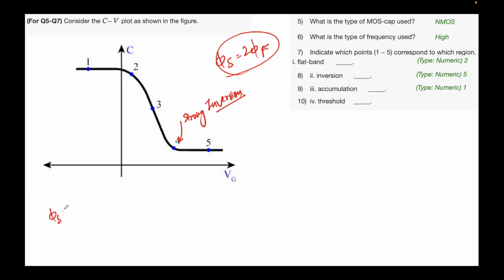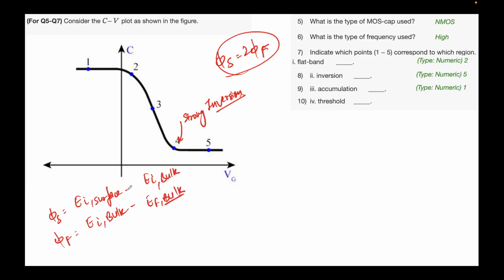So phi s, I think I had already written, is E i at surface minus E i in bulk, and phi f was E i in bulk minus E F in bulk.